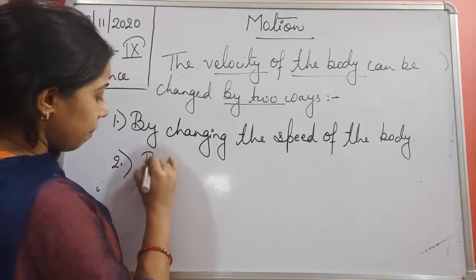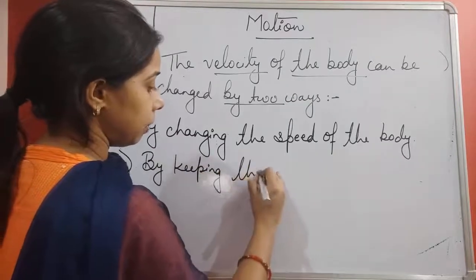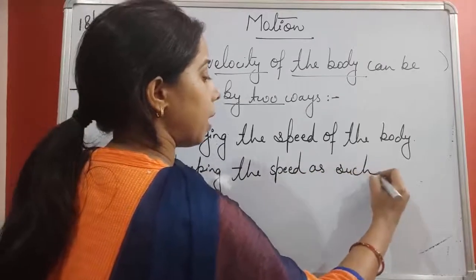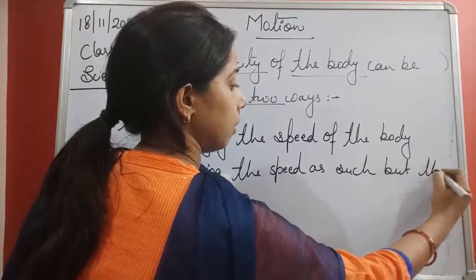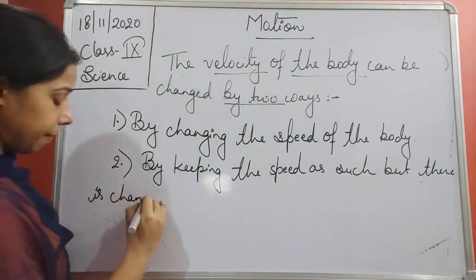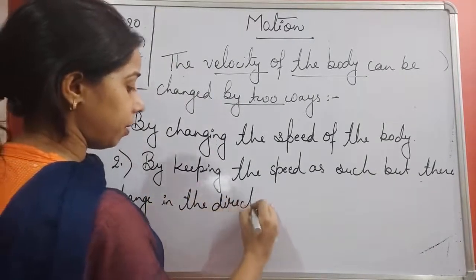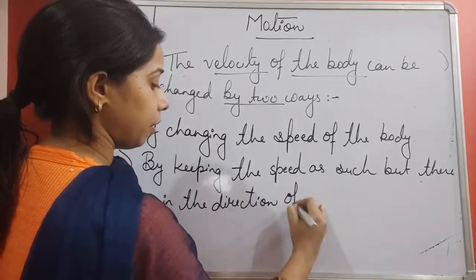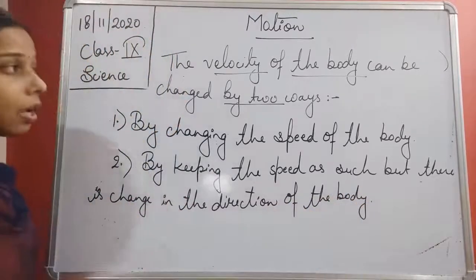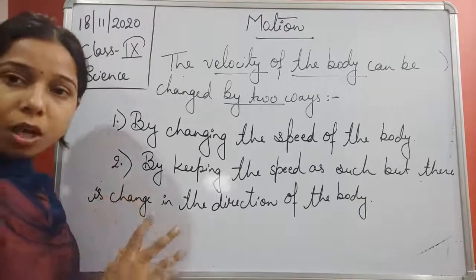Second condition is by keeping the speed as such, but there is a change in the direction of the body. Okay, so if the direction of the body is continuously changing, ultimately we will say that the velocity of the body will not remain constant.